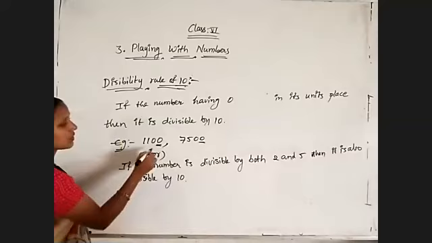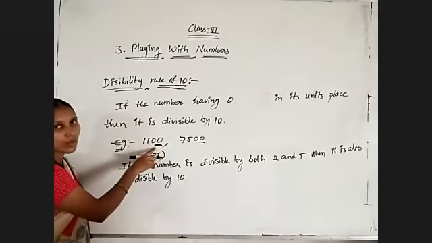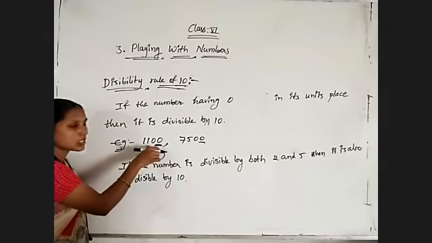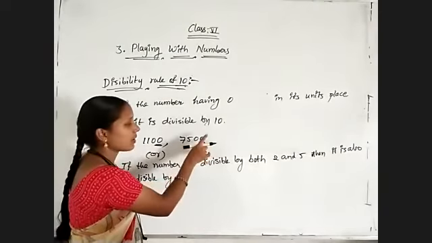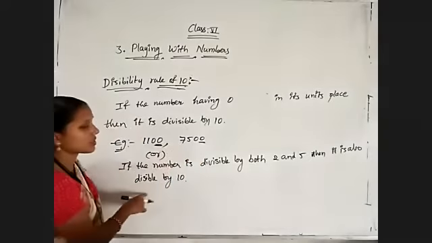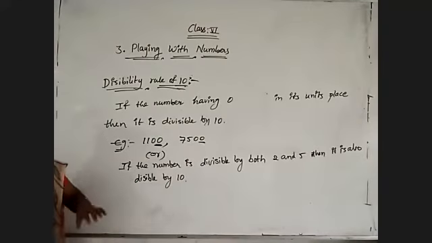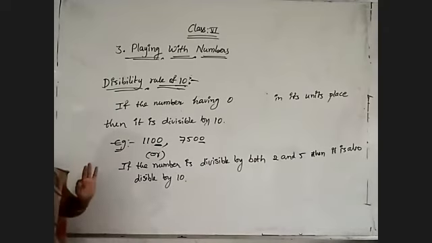Just observe in this example, because 0 is there, it is divisible by 2. And because 0 is there, it is divisible by 5. That means it is also divisible by 10. So because of 0, it is divisible by 2 and 5, so it is also divisible by 10. Remember, while checking the divisibility rule for 2, 5, 10, we are checking the units place. In other cases, we are not checking like this.